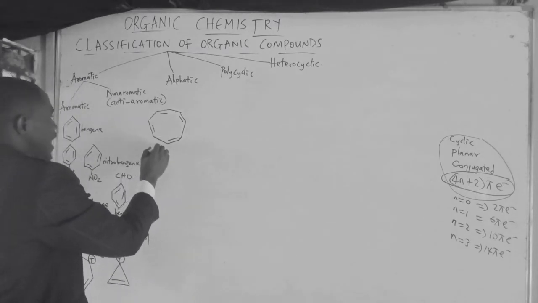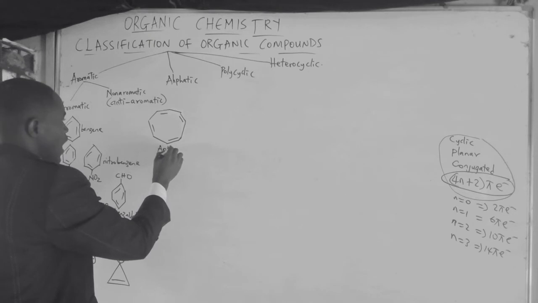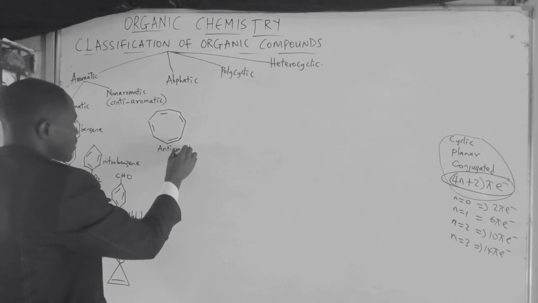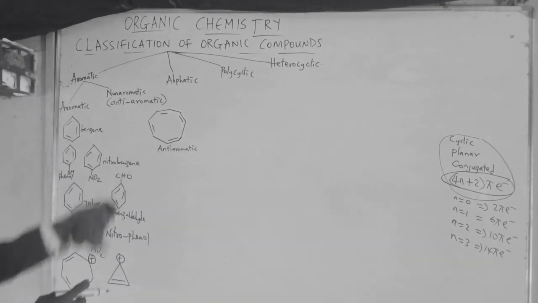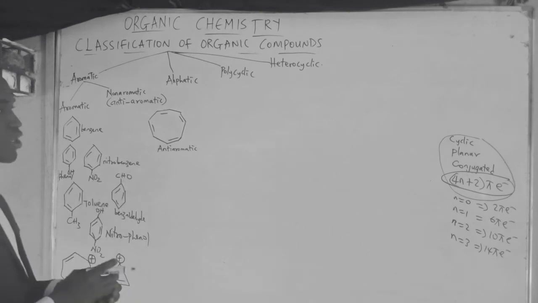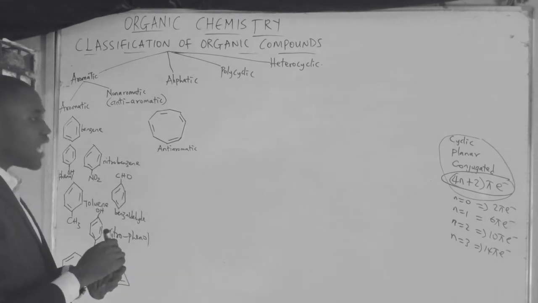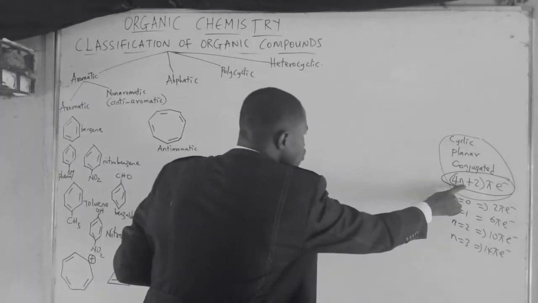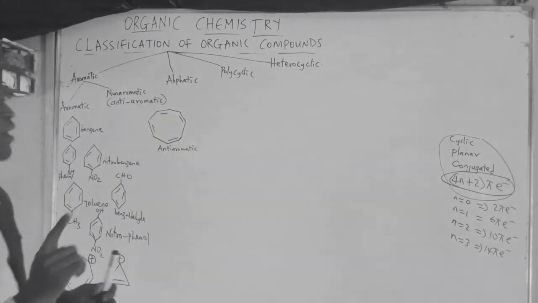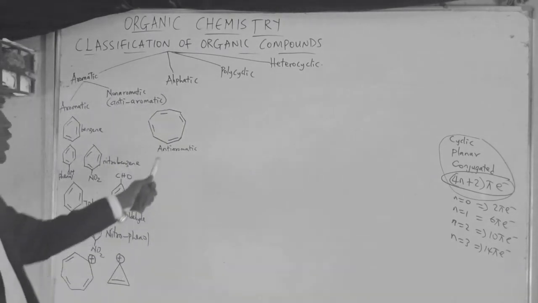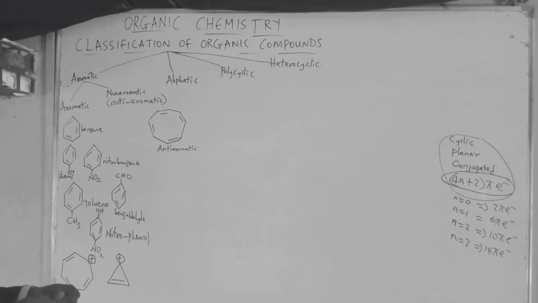So it does not obey Huckel's rule. We say it is anti-aromatic. So this is an anti-aromatic compound. It is called anti-aromatic because it failed the rule number 4. Only the rule number 4, when failed alone, makes this compound anti-aromatic.